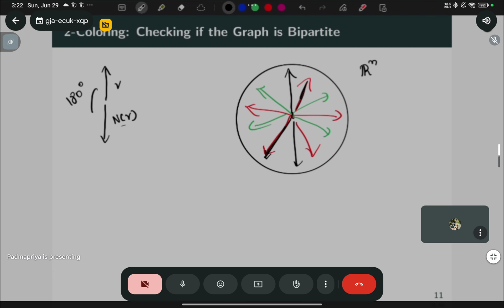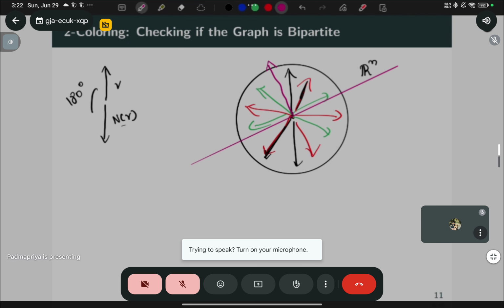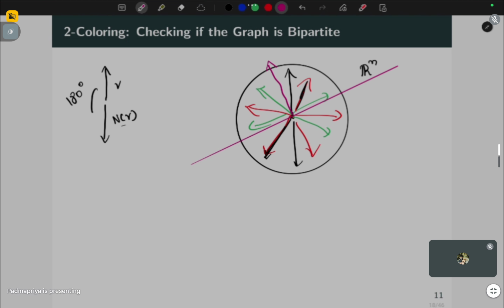Okay. So actually, it turns out that you can choose any random vector, and the plane defined by it. Now, any plane in Rn will be able to distinguish between 180 degrees.